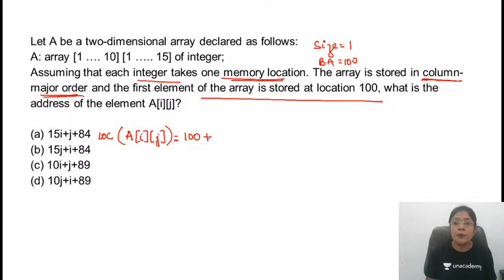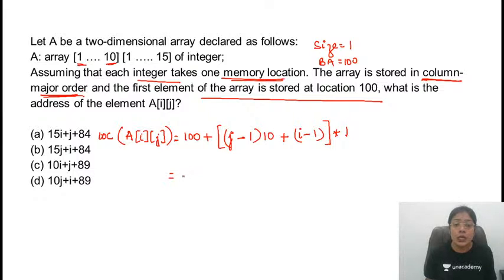Base address plus, the array is stored in column major order. First of all, need to select the column number J minus starting column number, that is 1, into, you need to calculate the number of elements. In one column, number of elements are equal to number of rows, and number of rows will be 1 to 10, means 10 rows are there. Plus, go to the required row number into size of each element.